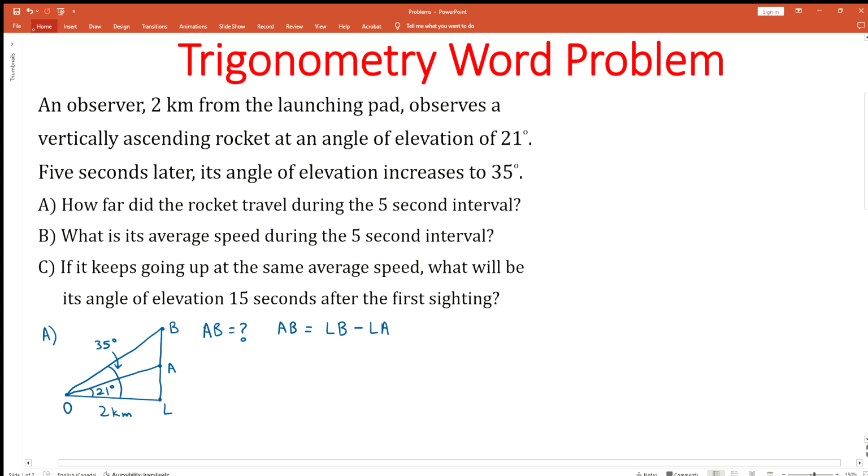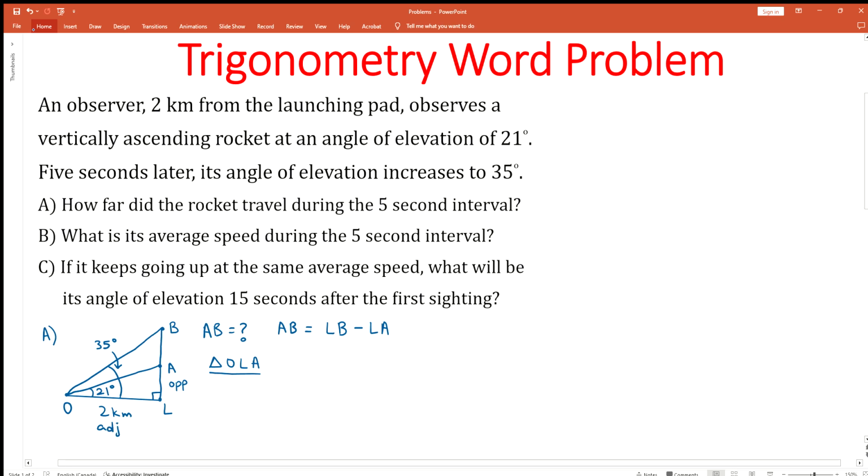Next, we can find the distance from L to A by analyzing triangle OLA. This is a right angle triangle. We are given the measure of angle O, 21 degrees, and for the 21 degree angle, side AL represents the opposite side and side OL represents the adjacent side.